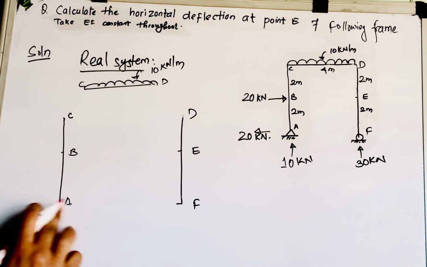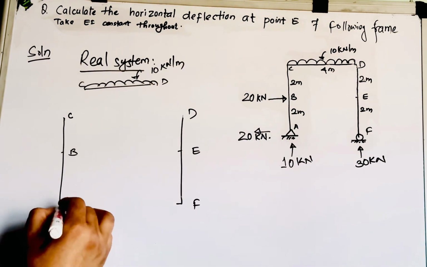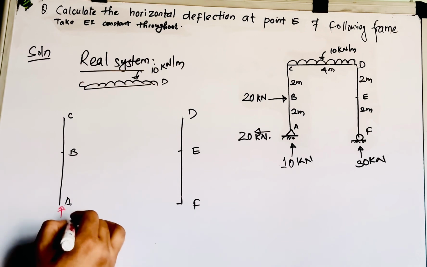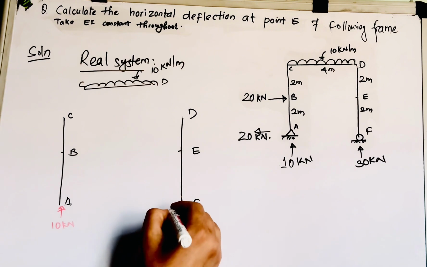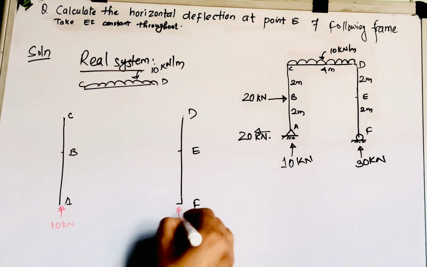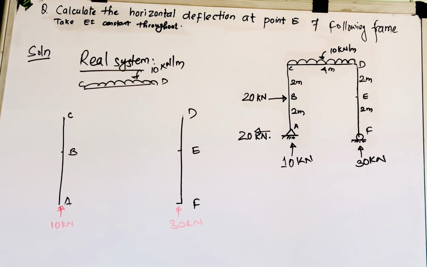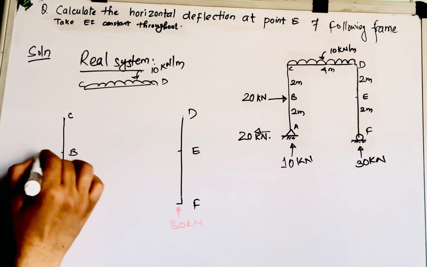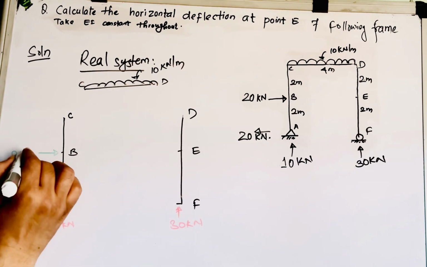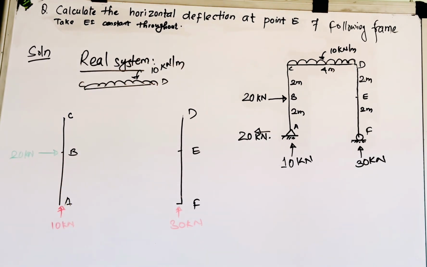At A there is 10 kilonewton acting upward, and at F there is 30 kilonewton support reaction acting again upward, right? Other than that, here we have 20 kilonewton horizontal force.